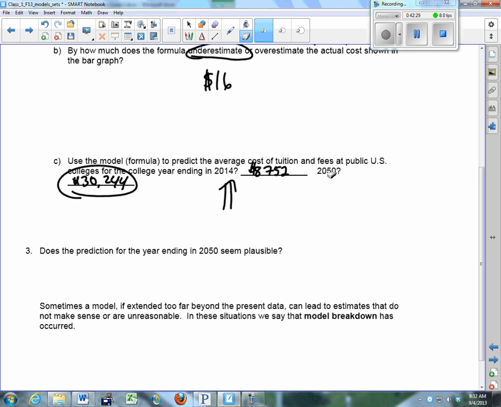It's really a good model for representing the data that exists, but if you go too far outside of it, it can break down. So you've got to be really careful when you create these models, that you don't try to go too far beyond what your actual data is for prediction values, because you could run into problems. Sometimes it doesn't make sense because it goes into the negative numbers. So you've got to always be careful, when you're choosing a model, about what you're actually using it for.